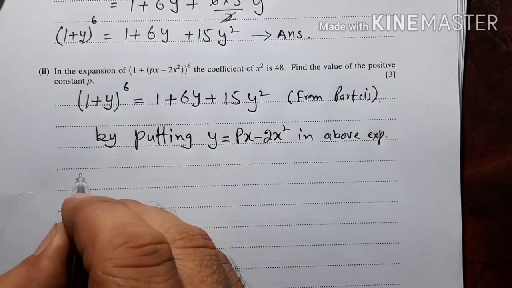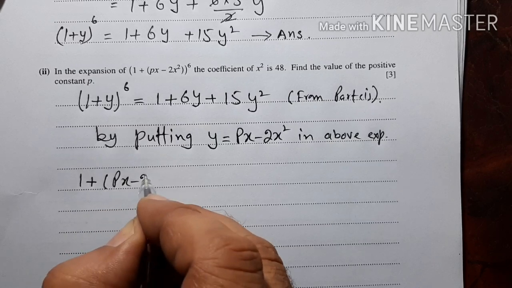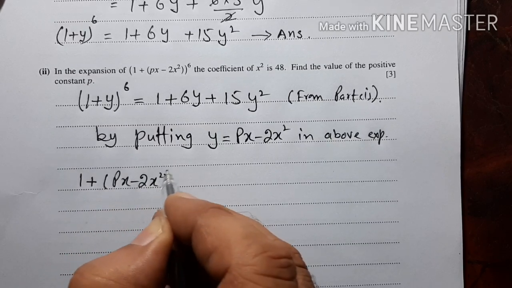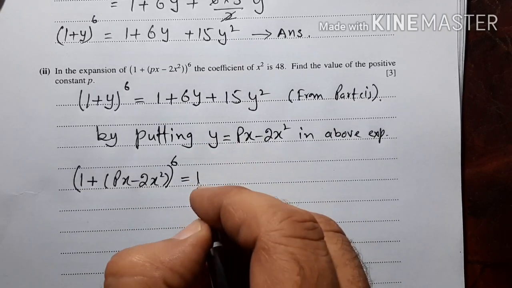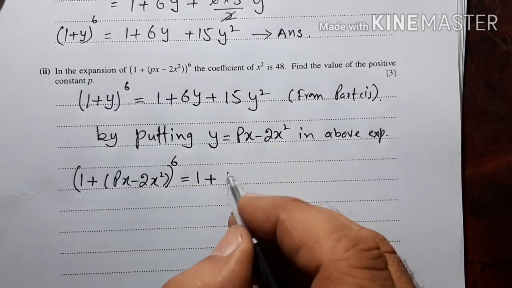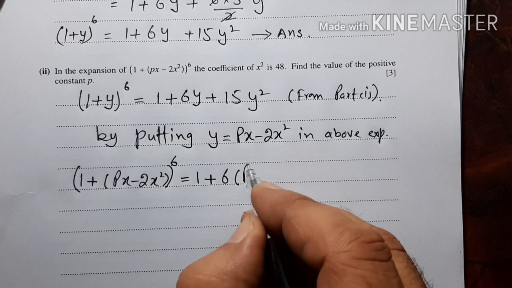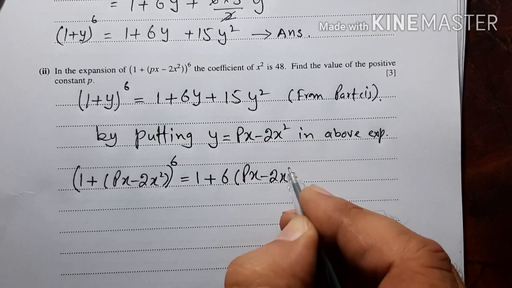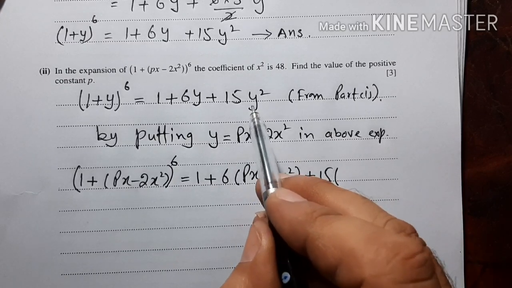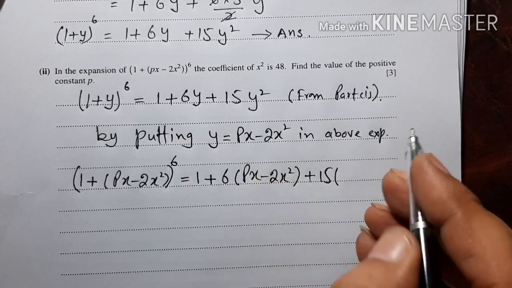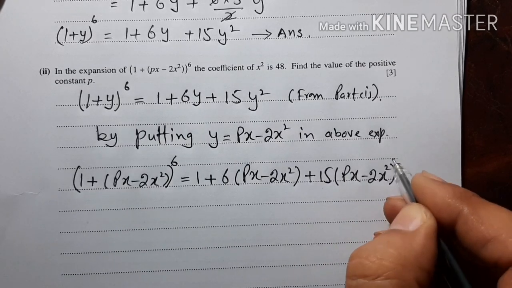So this will become (1 plus px minus 2x square) whole 6 is equal to 1 plus 6 into, again I'll put the value of y here, px minus 2x square, plus 15, and I'll again put the value of y here as well, so (px minus 2x square) whole square.